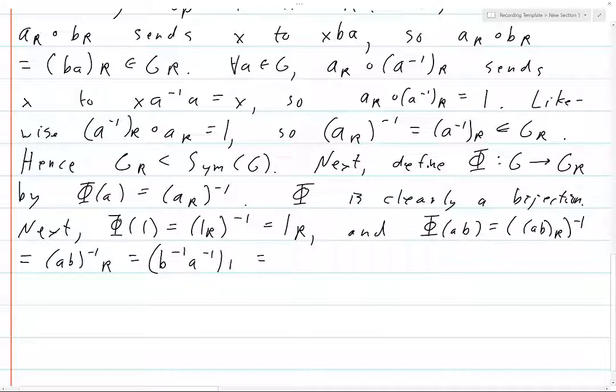But then we also discussed how multiplication works. Remember? a_R of b_R equals (ba)_R. So (b inverse a inverse)_R is going to be equal to, by the same logic as before, (a inverse)_R of (b inverse)_R.